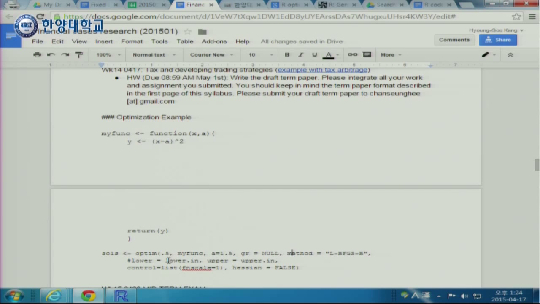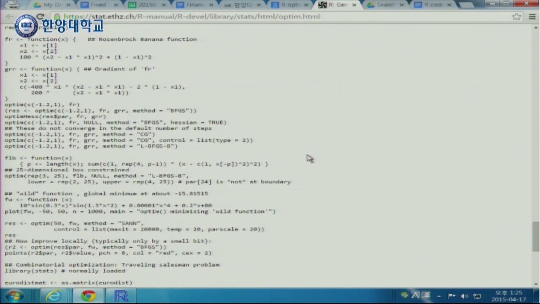You can find this one later. And the method, this is the easiest, L-BFGS-B. And then lower bound, I think this is unimportant. Control is what? So R optim.